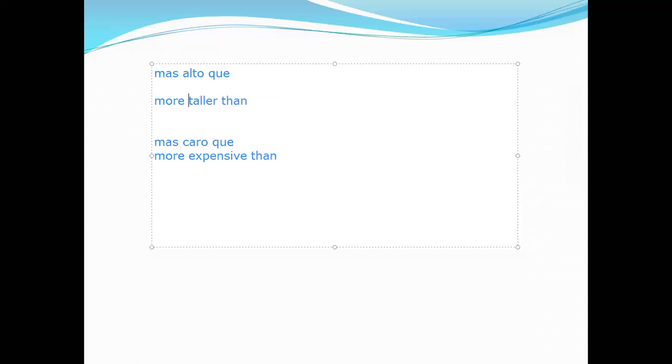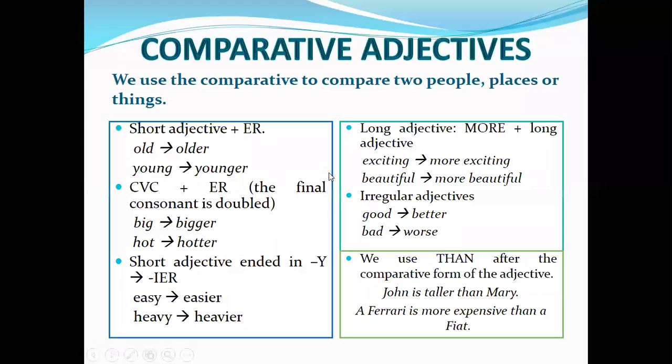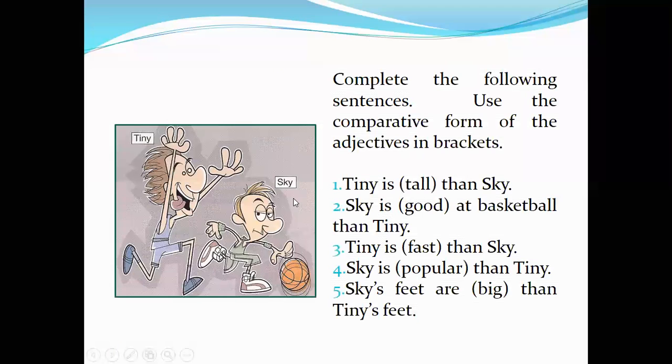Avoid saying more taller than. No, this is incorrect. Or avoid saying more tall than. Okay, with short adjectives, we don't add more because the representation of more is going to be er. So this is pretty much what we have. It's very important for us to know how to use it.